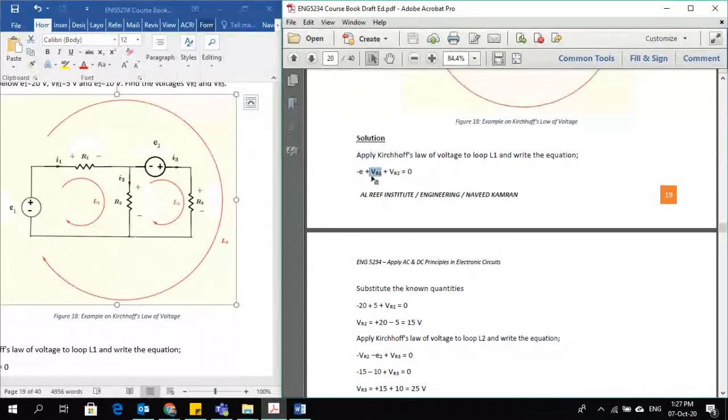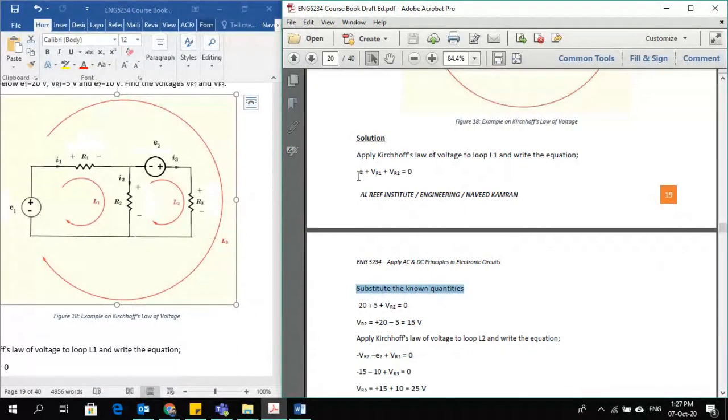Then I can see resistor R2 with positive sign first, so I can write plus VR2. So I have successfully formulated Kirchhoff's voltage equation. Now the rest is simple, I just need to substitute the values.